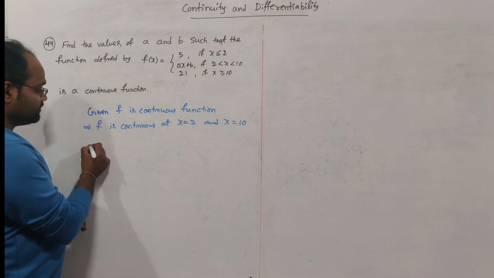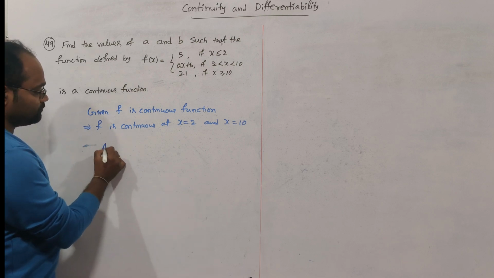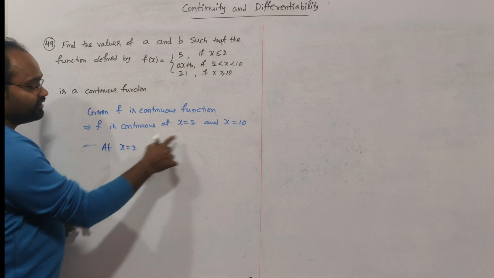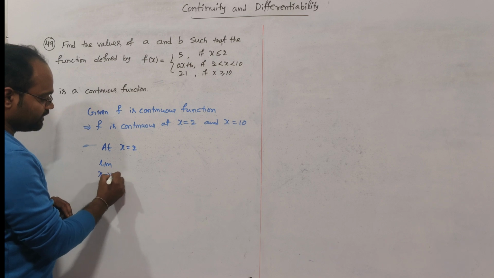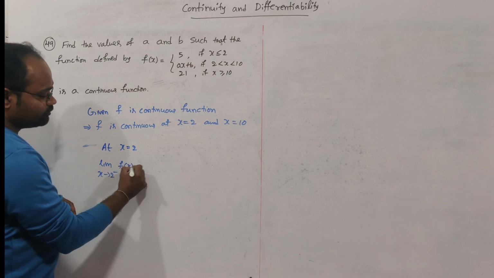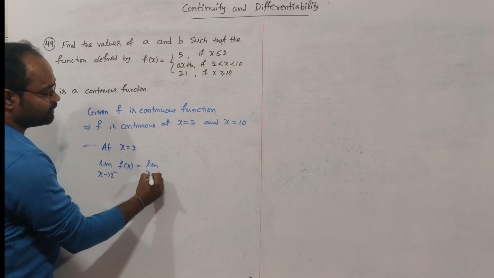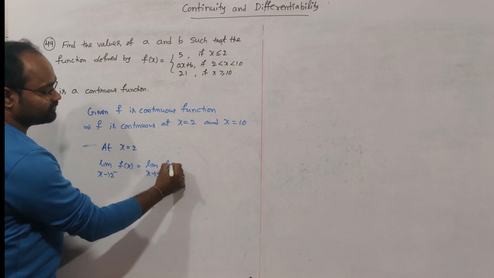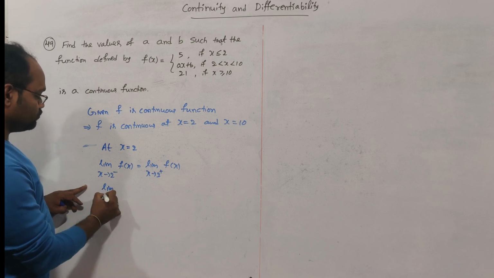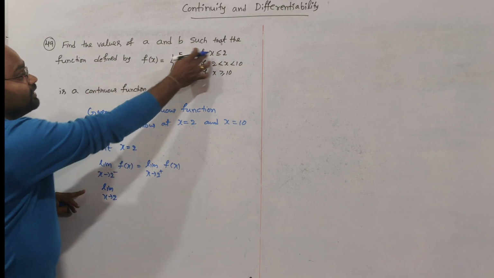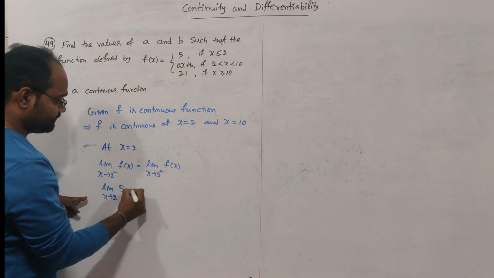So this implies, at x is equal to 2, let us take first. Since it is continuous, LHL at this point, limit as x tends to 2 minus f of x, should be equal to RHL at that point, 2 plus f of x. Slightly less than 2, the function is 5.